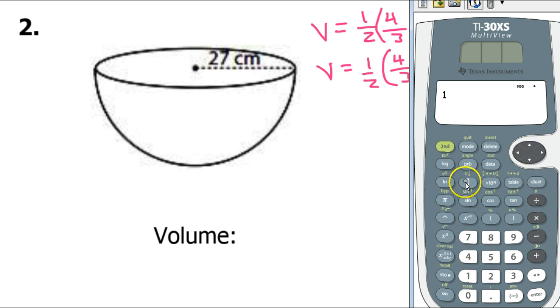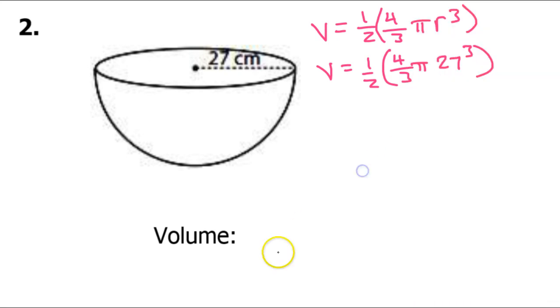All right, so 1/2 of 4/3 pi times 27 cubed. Okay, 13,122 pi. All right, that's the exact answer in cubic centimeters.